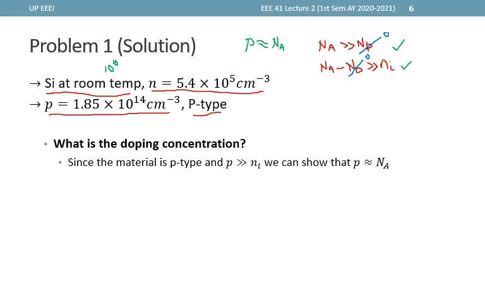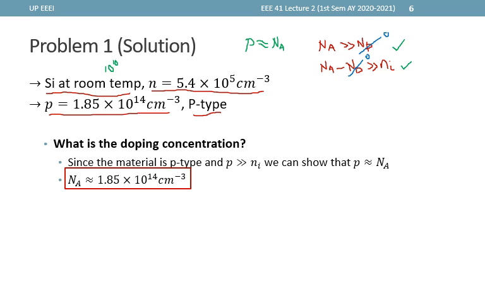And that verifies that we can use the approximation that p is approximately Na. From the value of p, it follows that Na is approximately 1.85 times 10 to the 14.